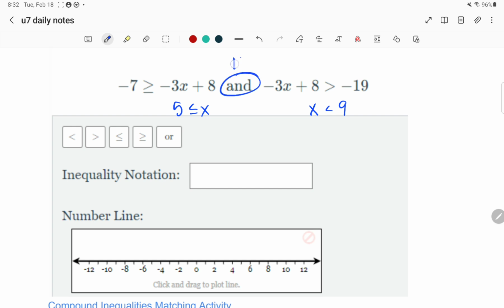Remember, it's an and, so I'm keeping the overlap. I'm throwing away everything else. Let's see, starting on 5, closed circle, and that line is going to go, we're saying 5 is less than x, so everything else has to be bigger. So it's going to go that way. And I'm saying x is less than 9, so open circle on 9, and everything is less. So it's going to go this way.